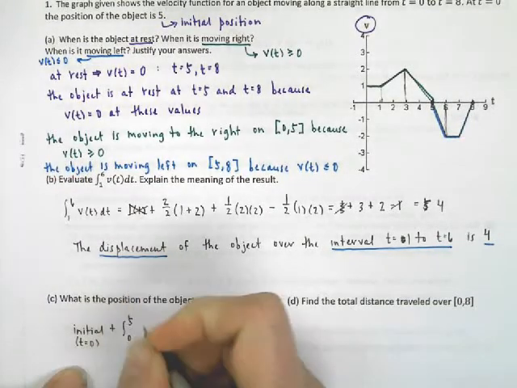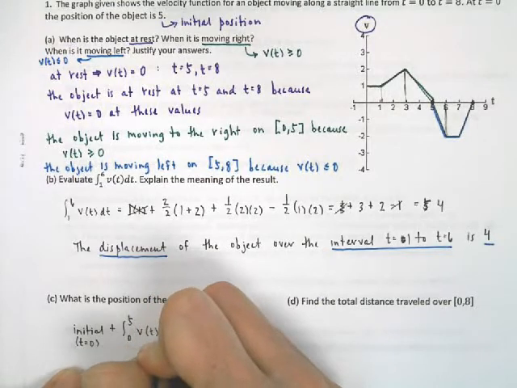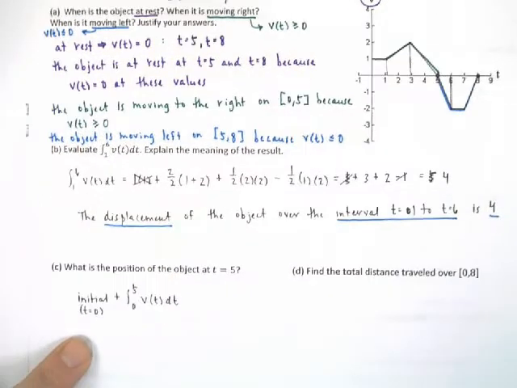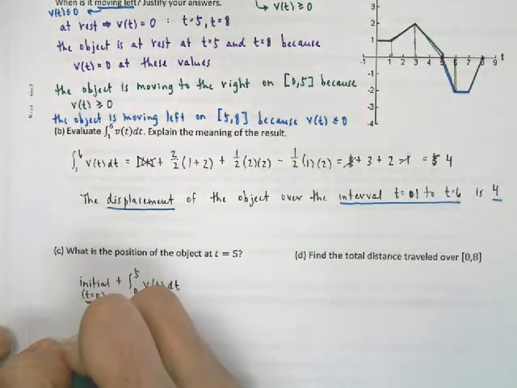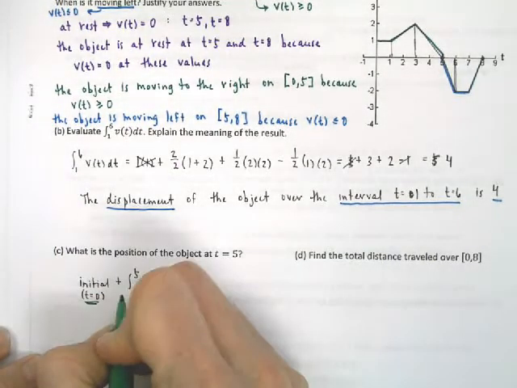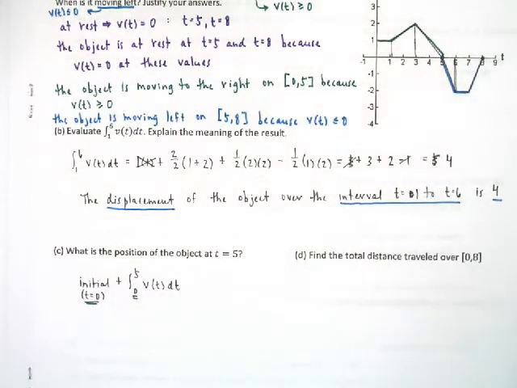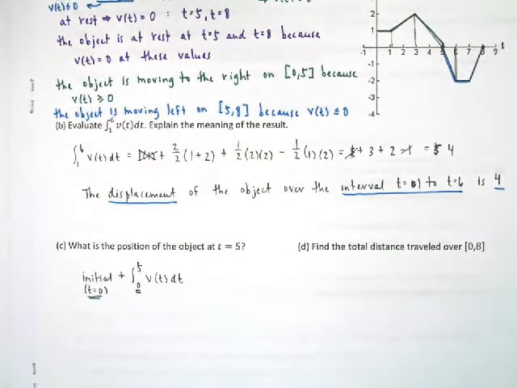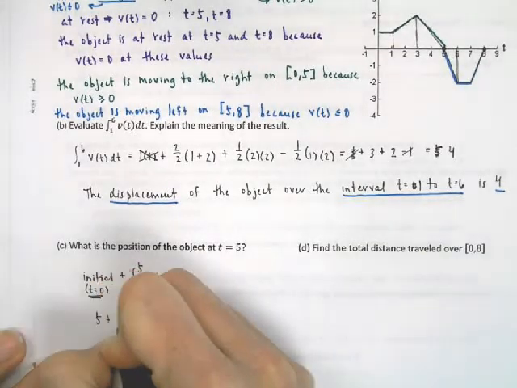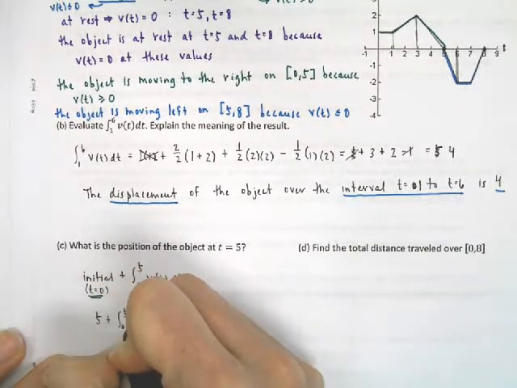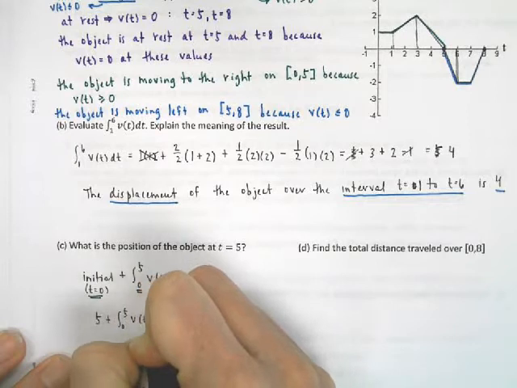So I'm going from 0 to 5 of v of t dt. Right, making sure we're making that connection. My initial value was at time t equals 0, so my lower bound is also t equals 0. So my initial was 5. I'm adding the integral from 0 to 5 of v of t dt.